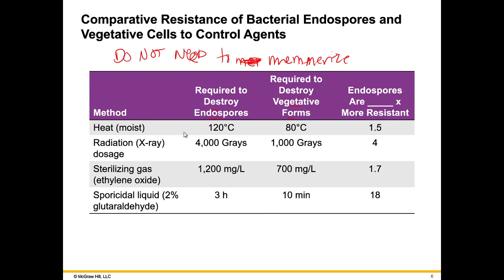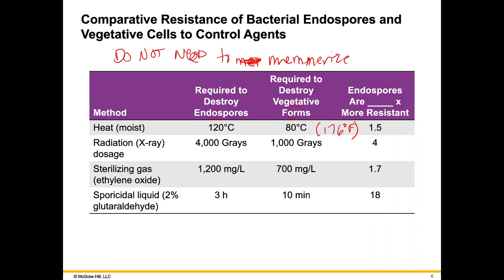So if we think about heat, that's the first one here. In order to kill vegetative cells, we only need to heat up to 80 degrees Celsius. And for reference, that is 176 degrees Fahrenheit. Not even boiling point.